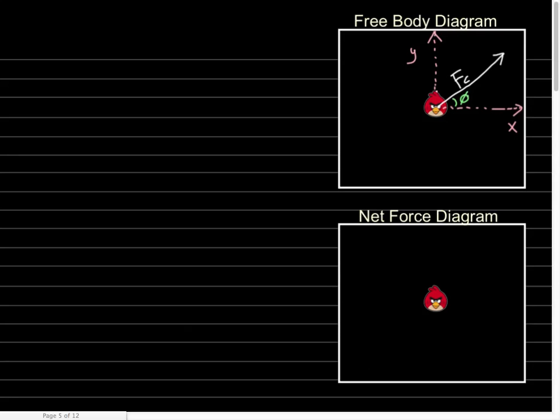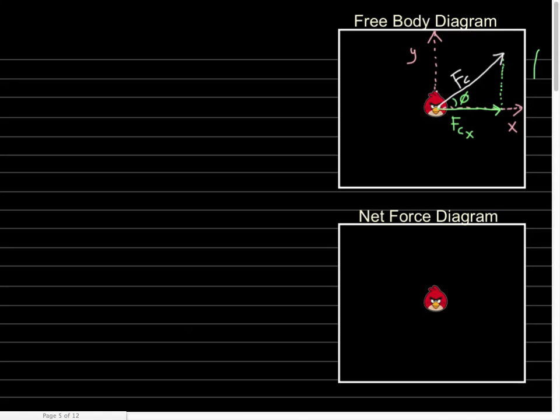Imagine if the sun was shining way up here. It's going to cast a shadow down along the horizon that's going to be this long. That shadow is what we're going to call FCX, that's in the x direction.